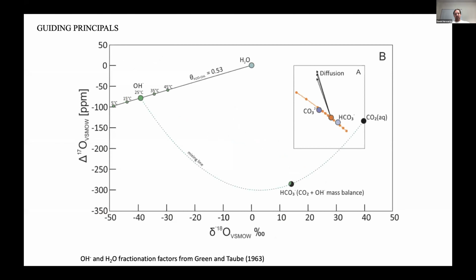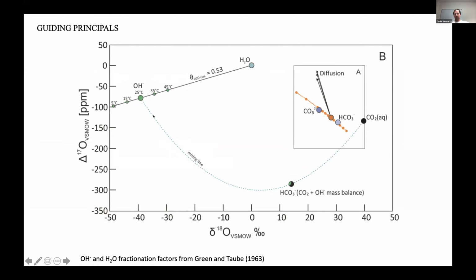If you consider hydroxylation, it's a completely different story. Hydroxylation is the reaction of OH minus, which has a very negative delta 18O value, and I just assumed this value here of minus 40 per mil, and it reacts with CO2, which has a very positive delta 18O value of plus 40 per mil. So what you get is a mixing curve.